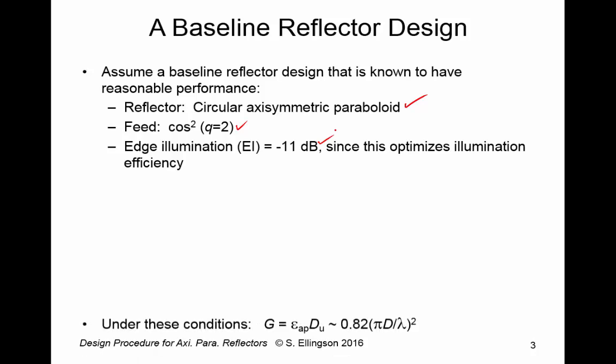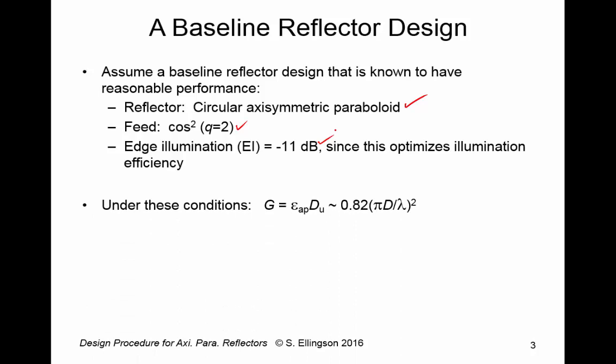Now, under these conditions, we know that the gain, that's G, is equal to the optimum directivity, right? And the optimum directivity is the directivity corresponding to an aperture which is uniformly illuminated. So we found in a previous lecture that for the baseline design, we should expect an aperture efficiency of 82%.